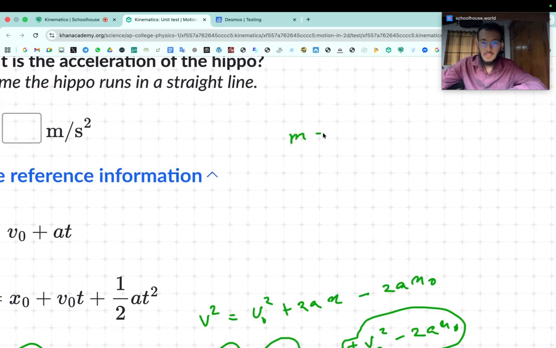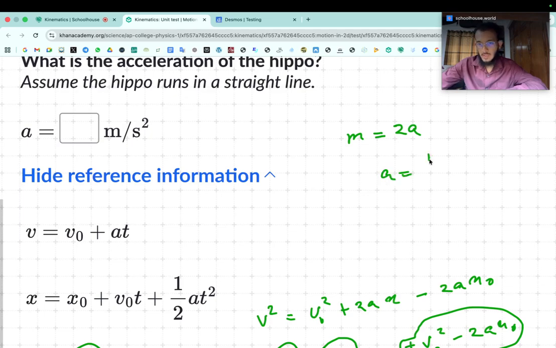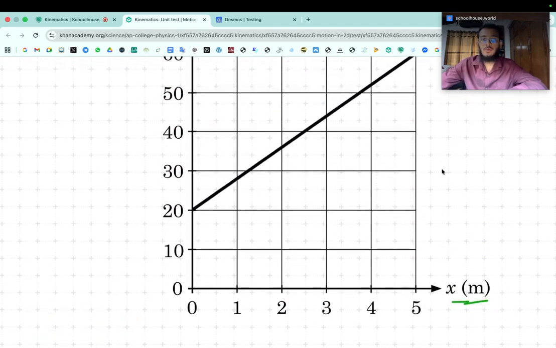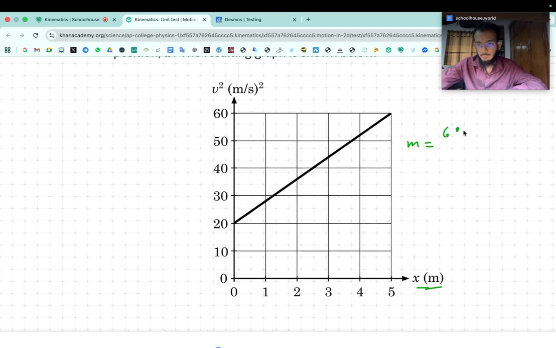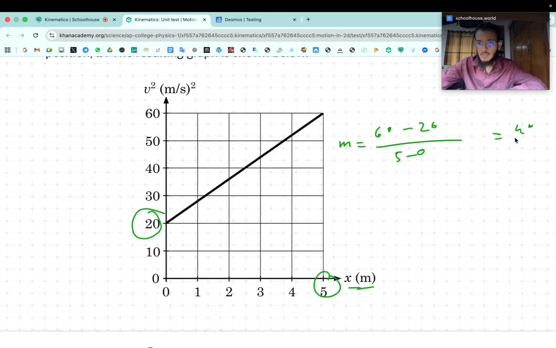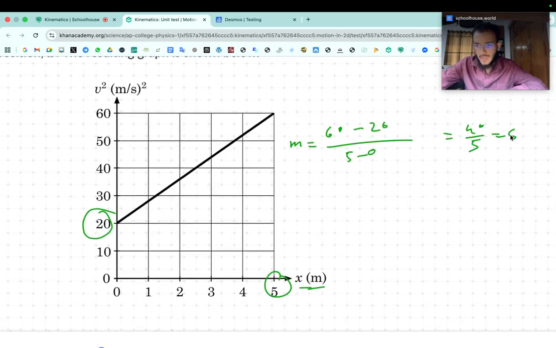So the gradient of this line will be equal to 2 times the acceleration, and acceleration would be m divided by 2. So what is the gradient that we can find from here? It's y2, let's say 60, minus y1, which is 20, over x2, which is 5, minus 0. So it's 40 by 5, ultimately becoming 8.